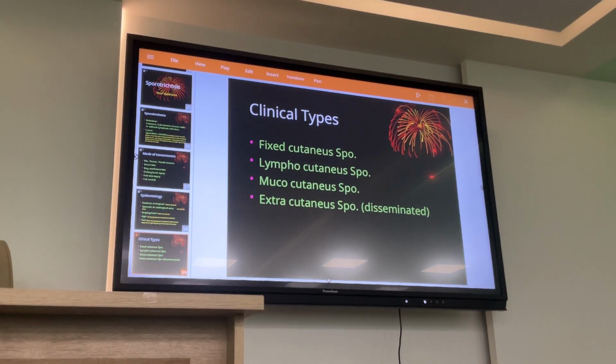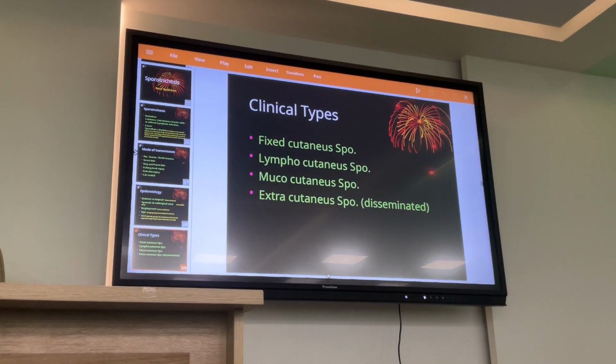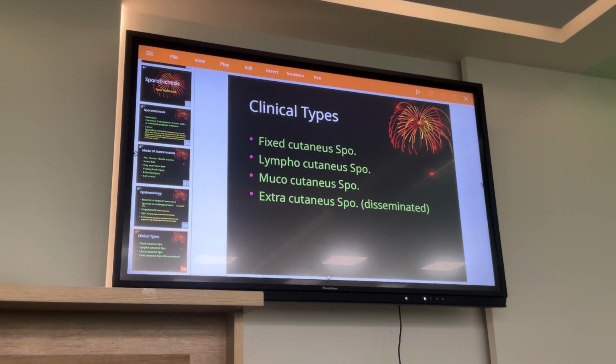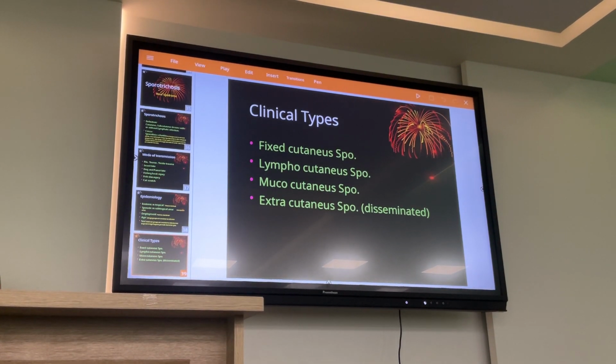Clinical types of infection. We have four types of infection: fixed cutaneous, lymphocutaneous, mucocutaneous, and extracutaneous.